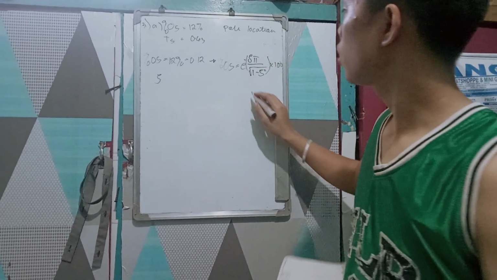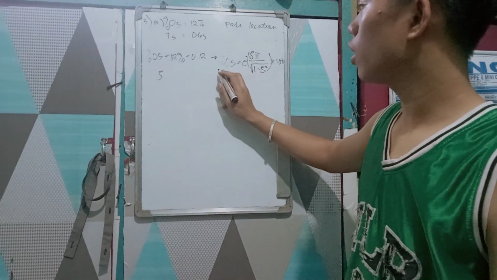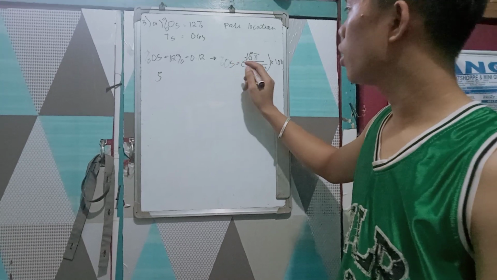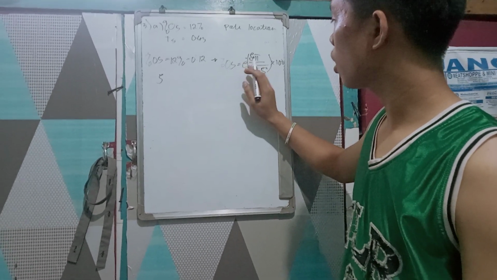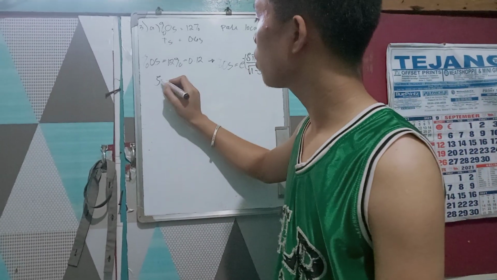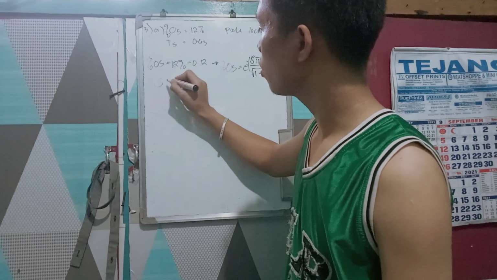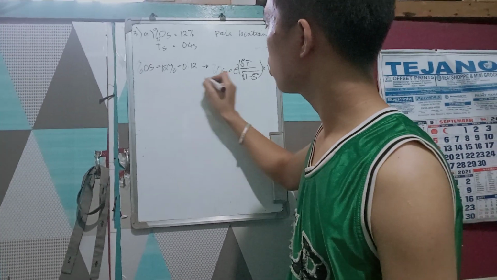So, this is the formula for finding the overshoot, and inside it we have the damping ratio.